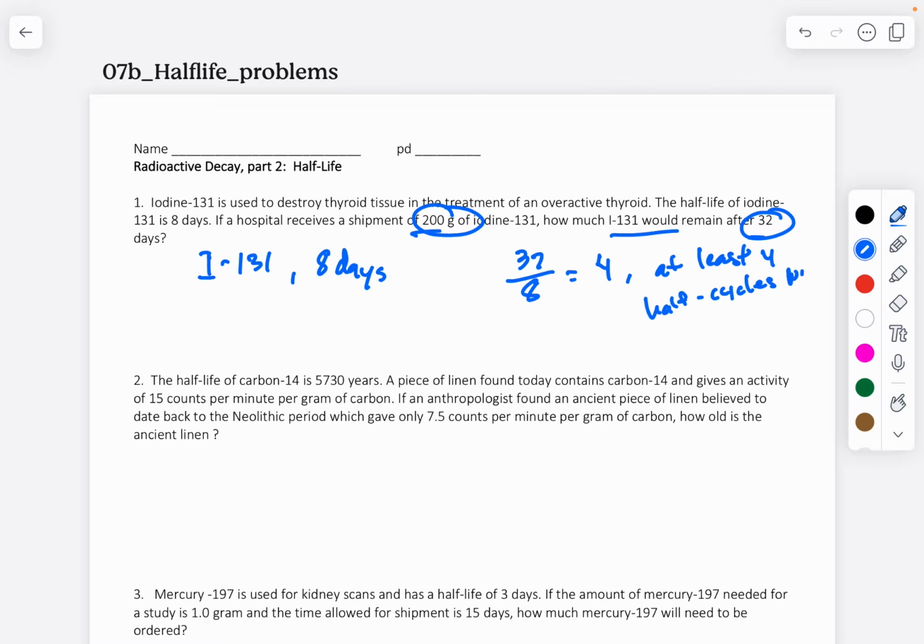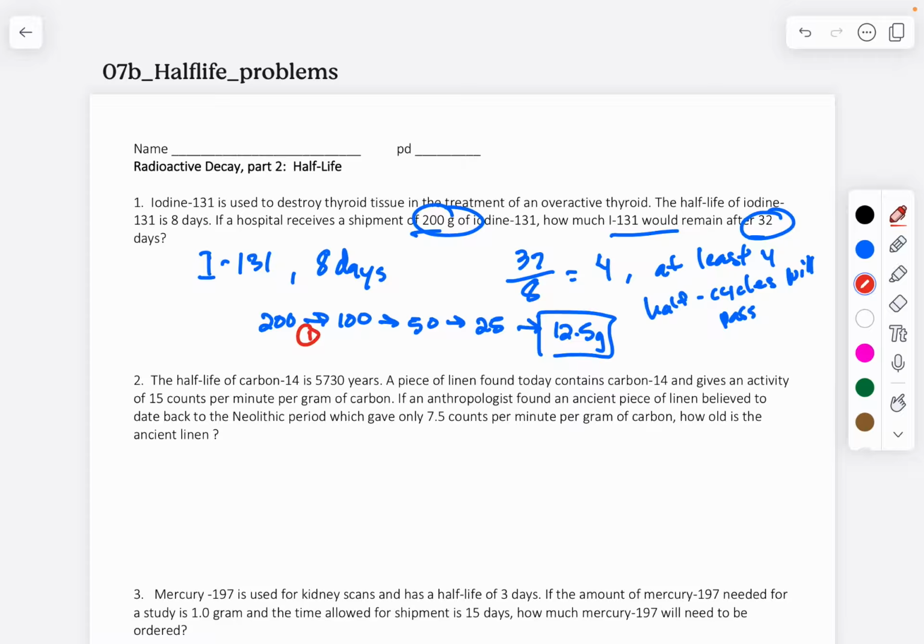So you start at 200, then it's going to be 100. That's one half-life cycle. Then it's going to be 50, then 25, and then 12.5 grams. How do I know that?